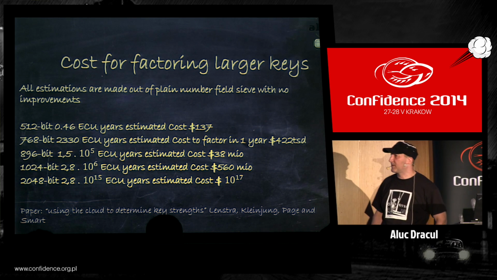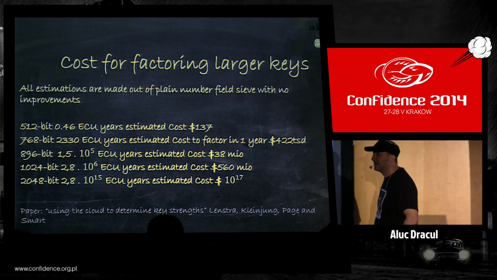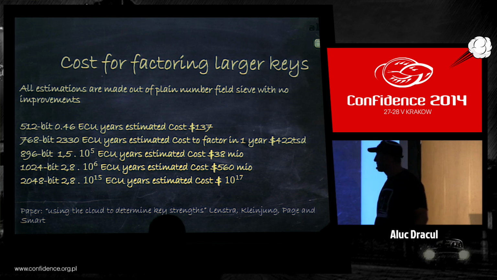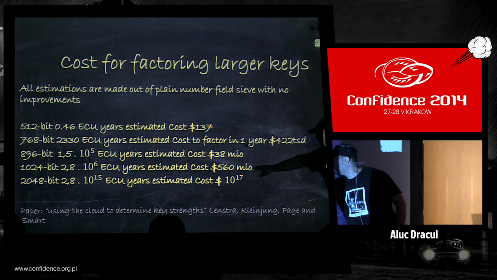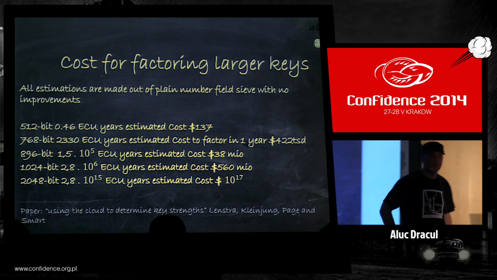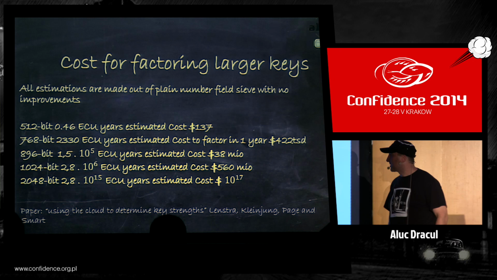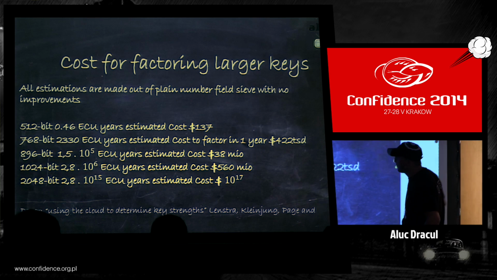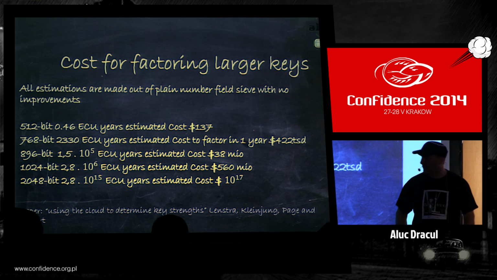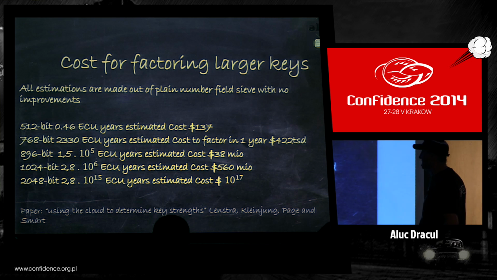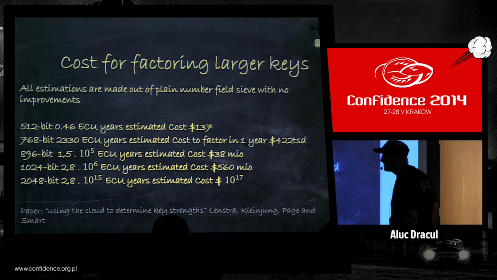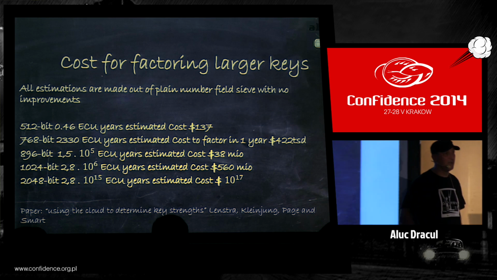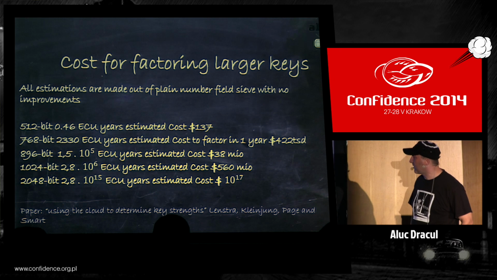And if we move up a bit, you find here the $560 million it costs to factor a 1024-bit RSA key. Who of you thinks a big government agency can't buy computing time from Amazon? Right? So that's actually where we have our limitations. If you go just one higher to 2048 bits, it just jumps up, and I'm not totally sure the US can pay like 10 to the power of 17 dollars.